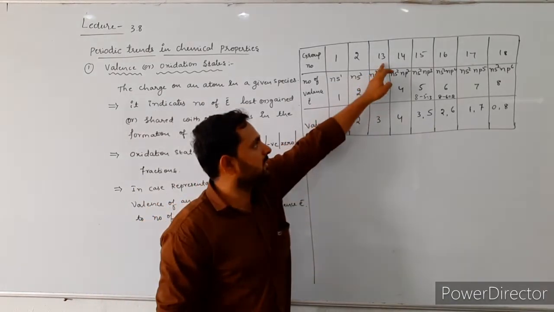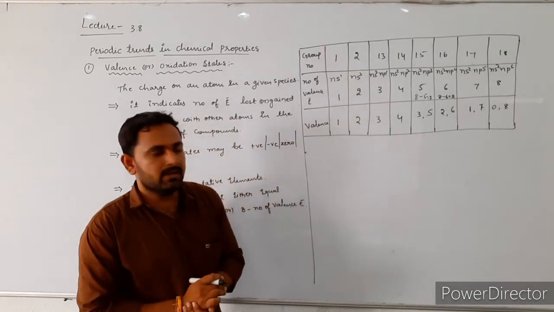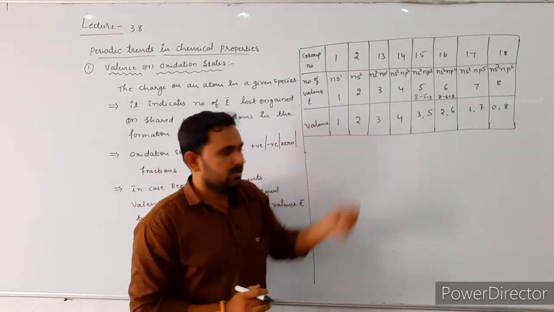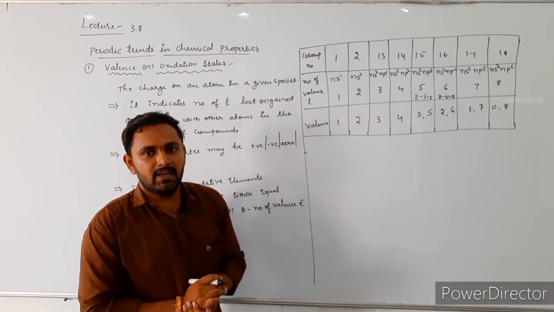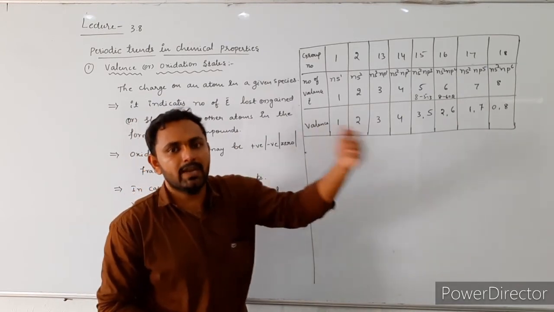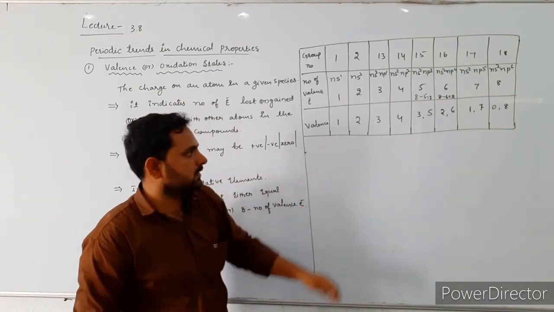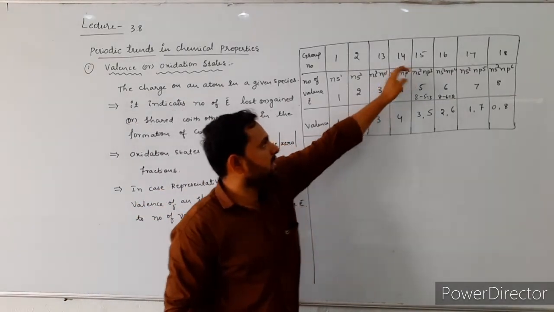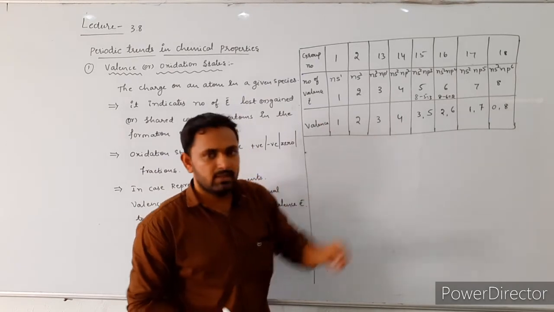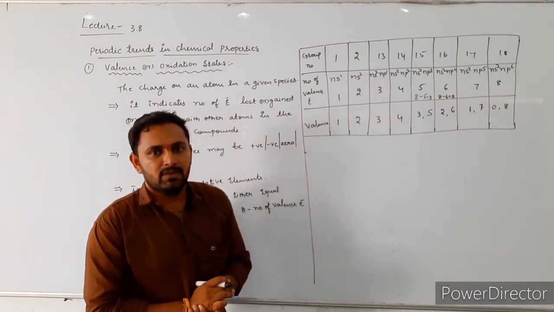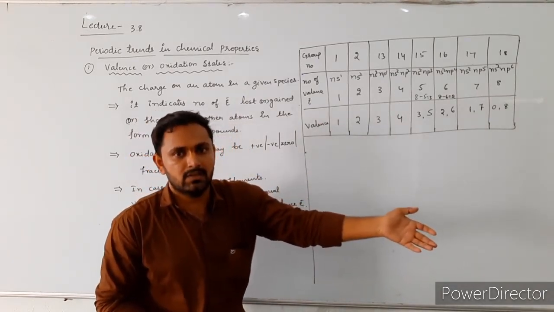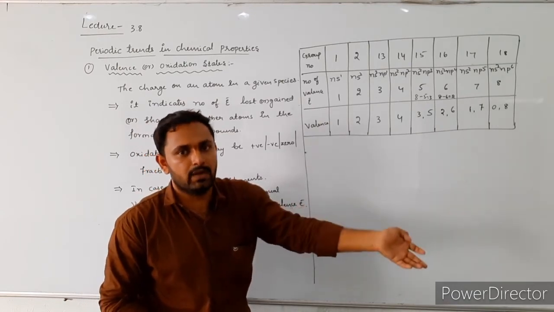Next, group 13 elements, the valence is 3. That indicates maximum they can donate 3 electrons and maximum they can share 3 electrons. Next, group 14 elements, the valence is 4. That means maximum they can donate 4 electrons and maximum they can share 4 electrons.